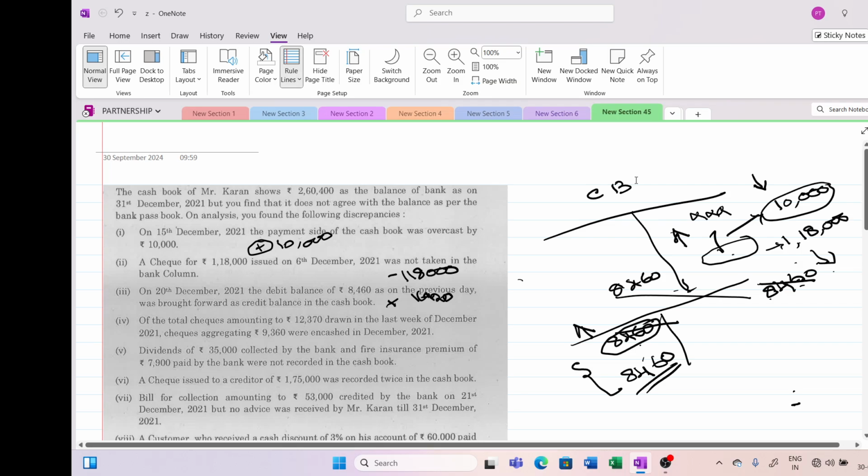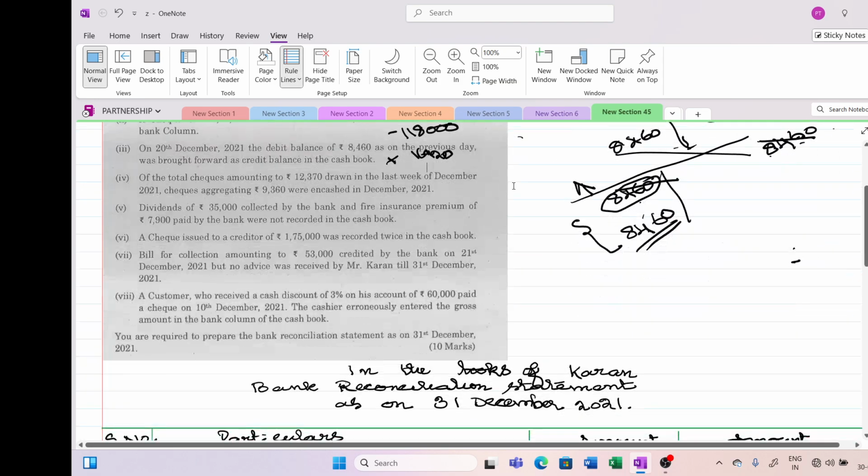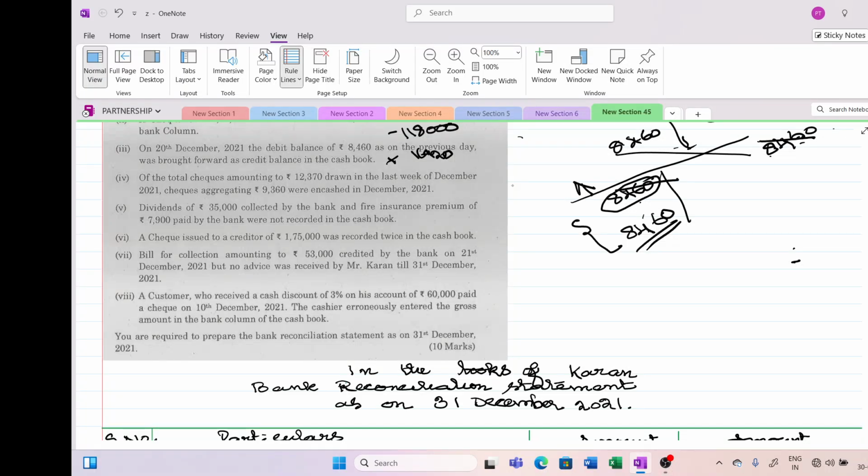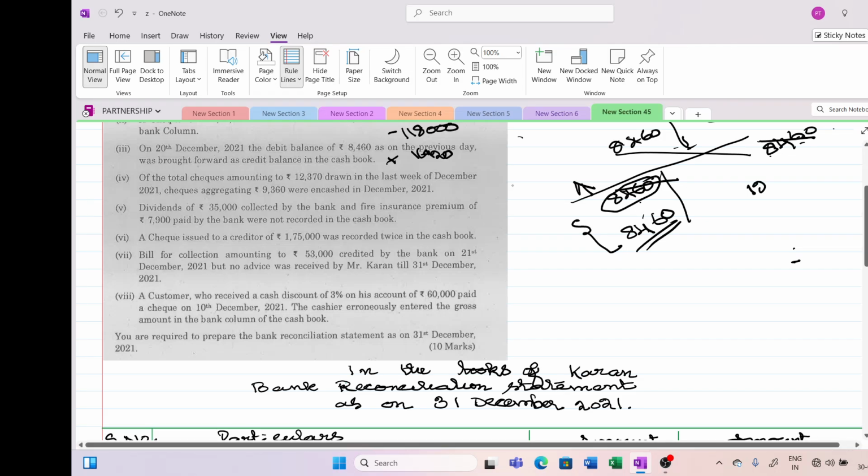Next one is of the total checks withdrawn, 12,370, 9,360 were encashed. We have written in our cash book 12,370, but only 9,360 were presented for payment.